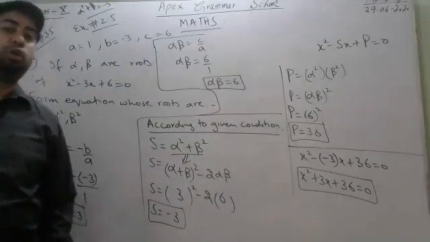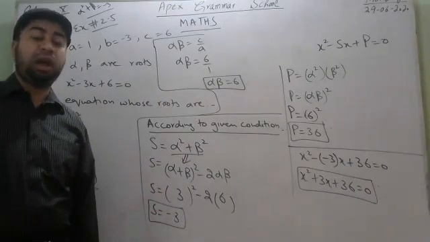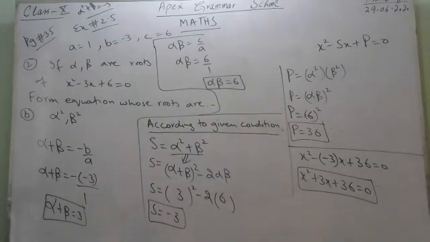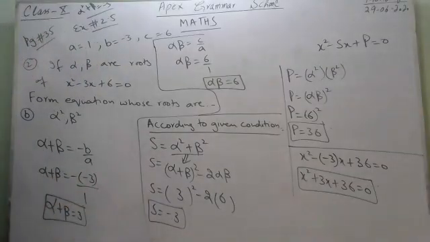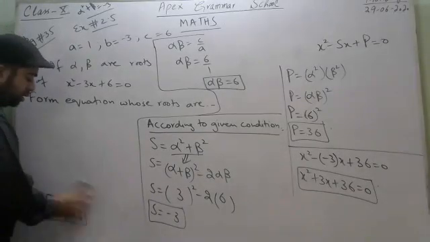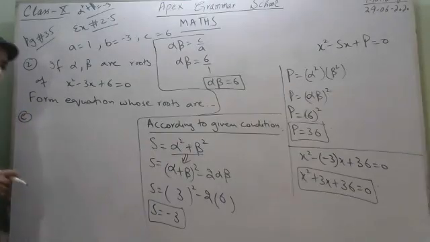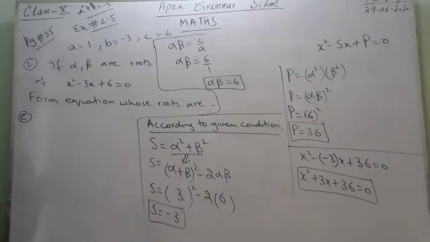Again and again, you need the alpha plus beta value and alpha beta value, and you have to put these values in. Now we can see that in part B, within this part you can easily solve part C and part D. Those parts are easy to do.